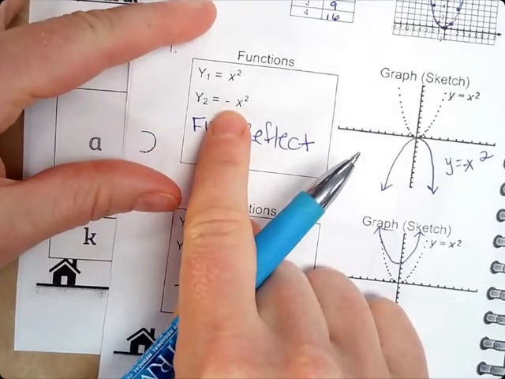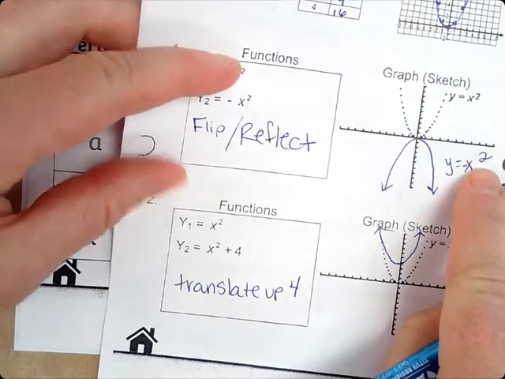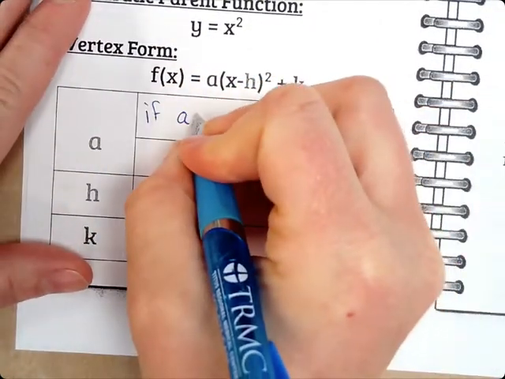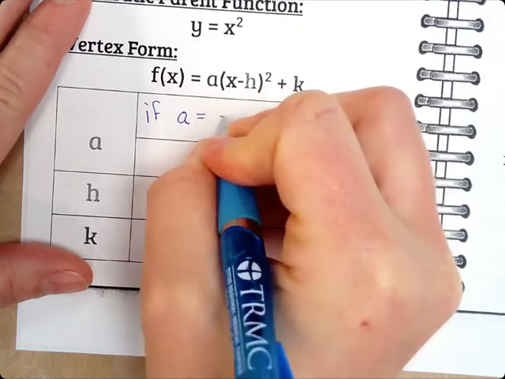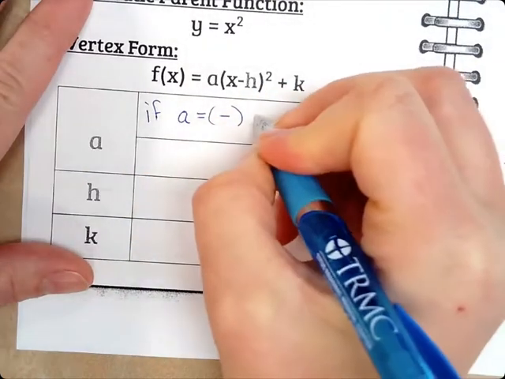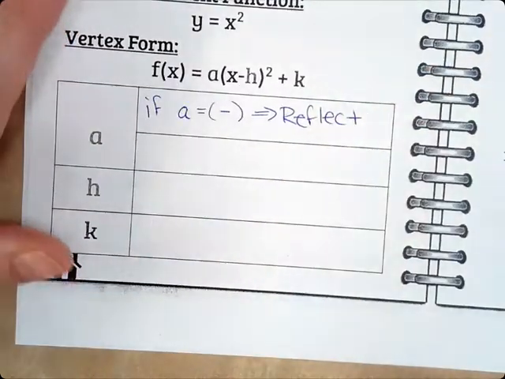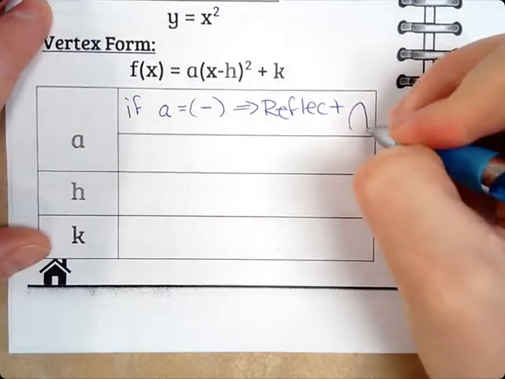So that would be, if it's negative, it's reflected, right? So if A equals negative, reflect. So it's going to be like this.